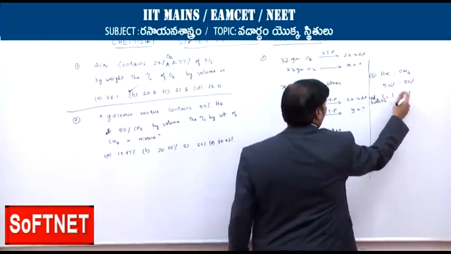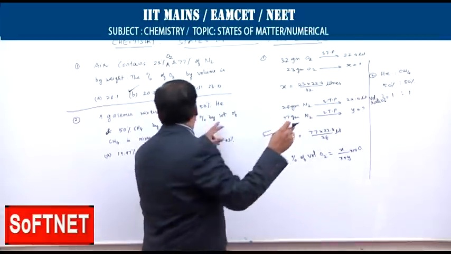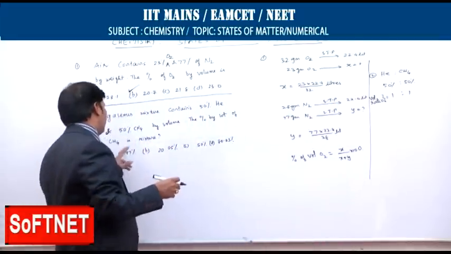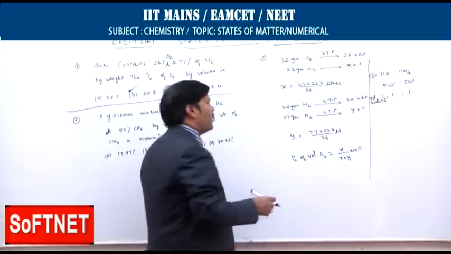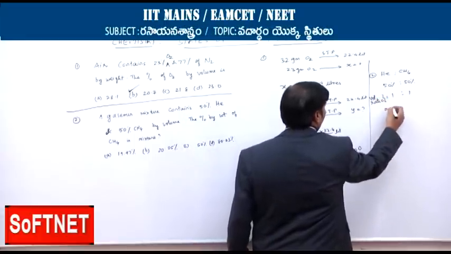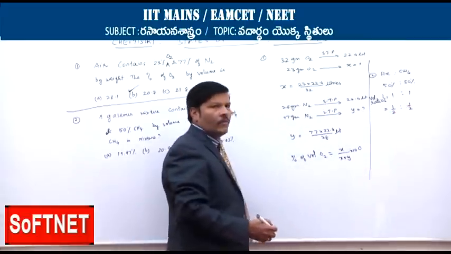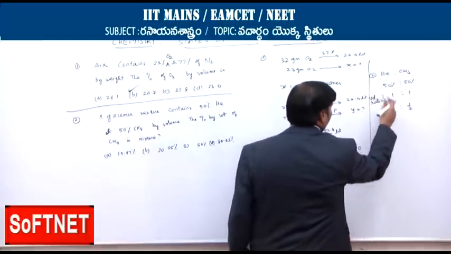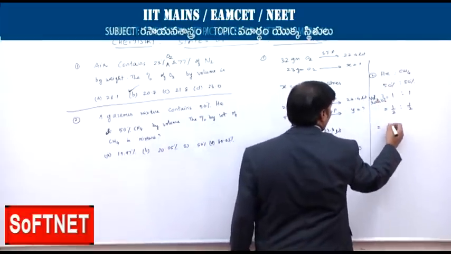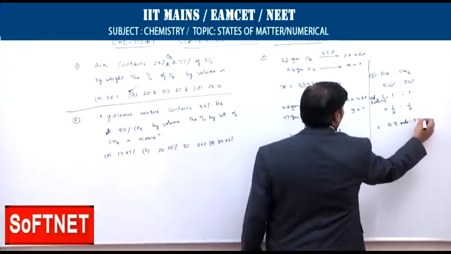Ultimately it is asking the percentage by weight of methane in the mixture. So for helium the volume part is 1/2 and for methane also it is 1/2. Let us take this as a mole ratio, so 0.5 mole to 0.5 mole.